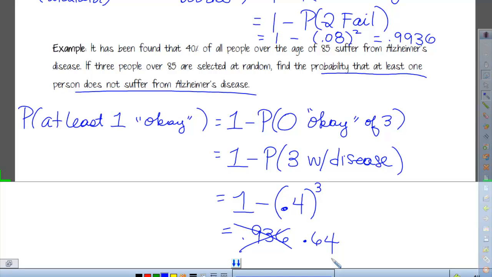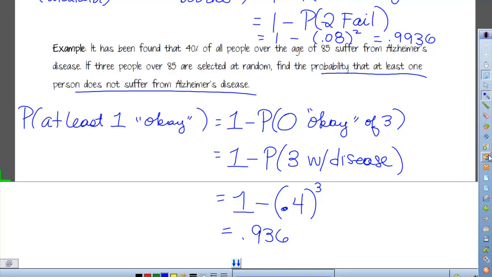And what are we doing now? That's the final answer. Yes? Oh. 1 minus, yeah. Okay. 0.936. Okay, 0.936 is right. Y'all just trying to mess up my video. That's what's going on. Well, but we converted that to with disease.